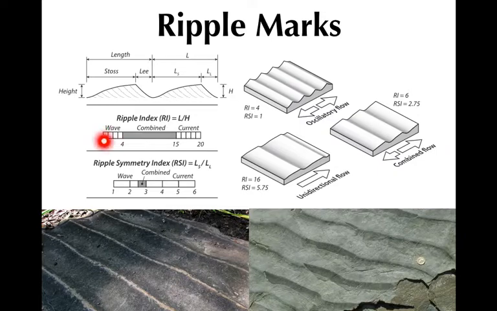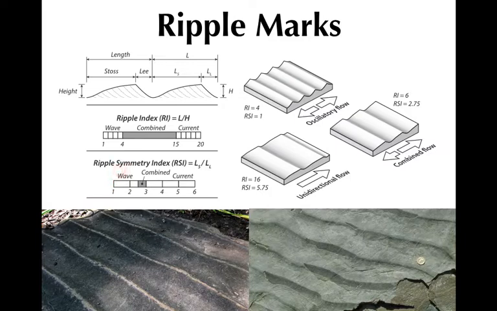And wave ripples produced under oscillatory flow have very low ripple indexes because they're pretty high relative to their width. And current ripples tend to have a very large ripple index because they're not very high with respect to their width.